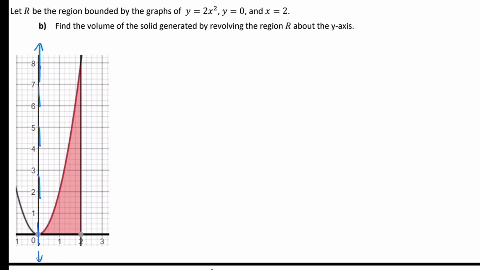Let me see. The solid line. That blue line there. It's going to revolve around the blue line there. So when it revolves around the blue line, it's going to come around and come around and come around. It's going to create kind of a bowl with a lip here.